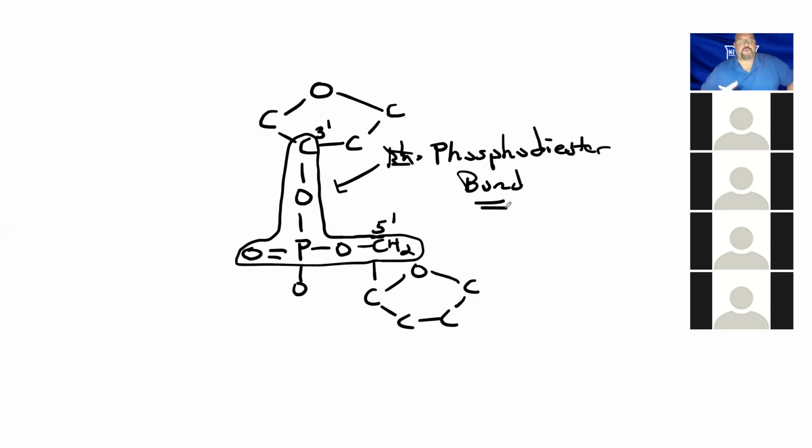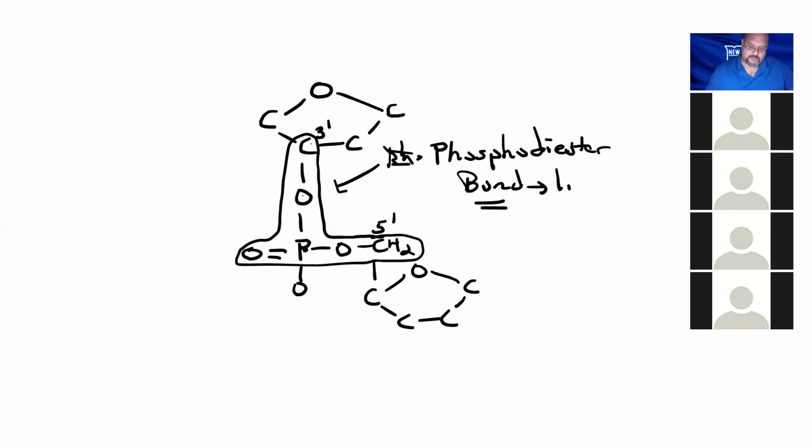We saw them when we talked about glycerophospholipids and sphingomyelin. So for a phosphodiester bond, you have P double bond O, OC once, and then P double bond O, OC twice. That's your phosphodiester bond.